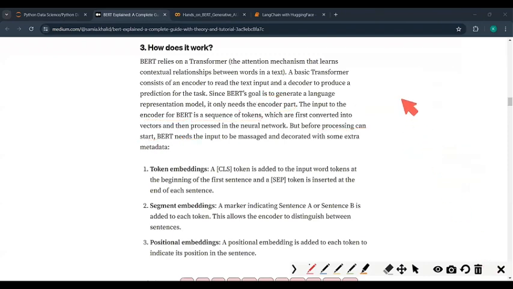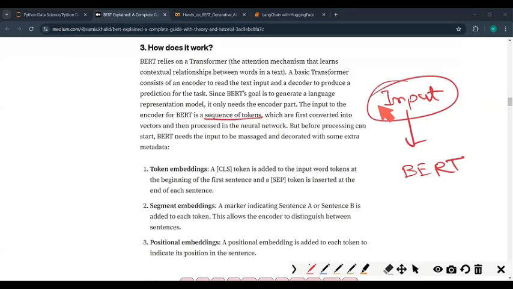If you're giving me any input statement for me to learn, first a sequence of the tokens will be created of this input. Means the statements will be broken down into a list of words. And then those words are converted into vectors. You know, the word embeddings that we do.